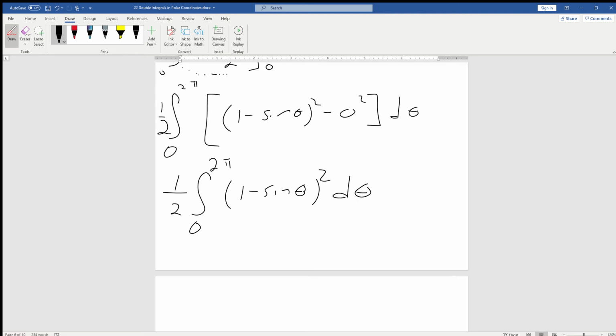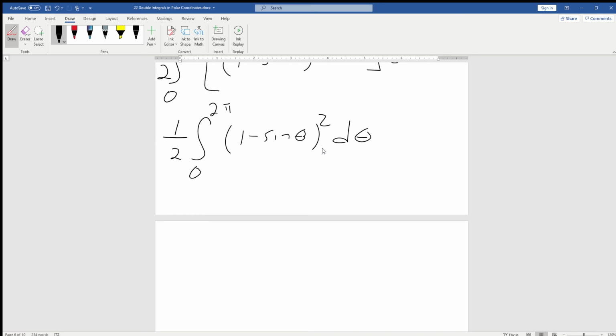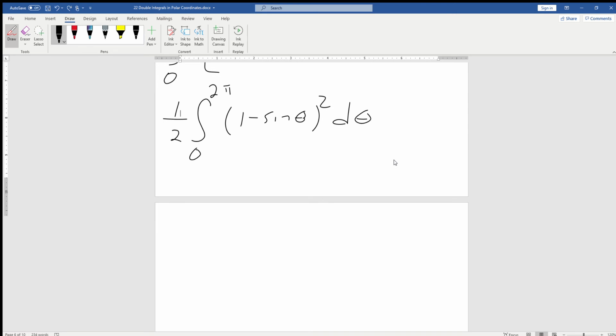Now, this we're going to have to go back to Calc 2 to be able to evaluate. I want you to notice that if there was a cosine on the outside, that would be really nice, but there is not a cosine. So unfortunately, we can't utilize the idea of a u substitution. So we're going to have to revert back to some techniques of integration.